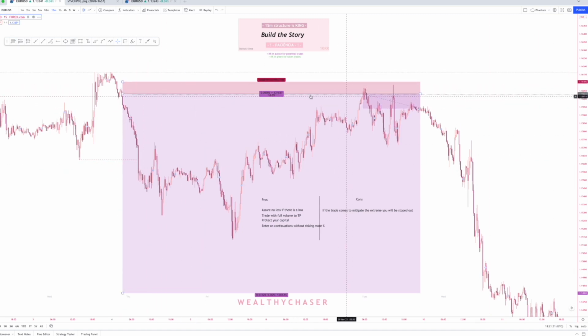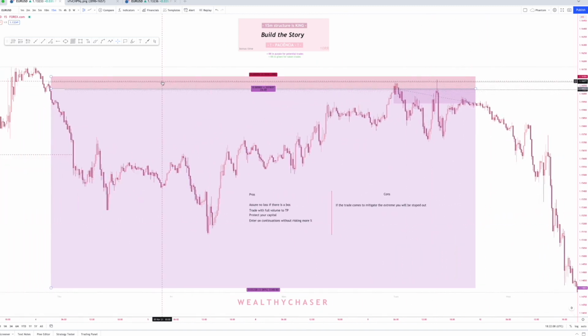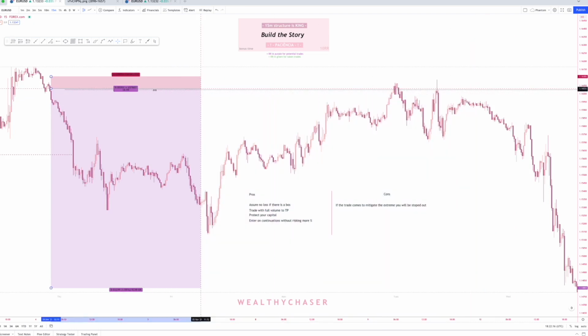So if price just mitigates this and then continues dropping, because it may happen sometimes, price comes to mitigate the extreme again, filling all this void of liquidity in the middle, and then it continues melting. And what happens is we get stopped out too soon before the trade hits our take profit, and then we see the trade going in the direction that we were expecting, and we bank no money.